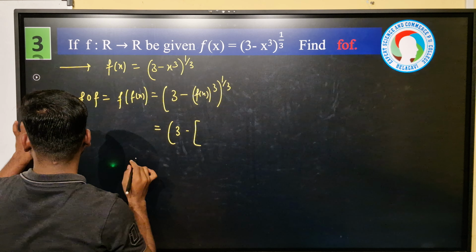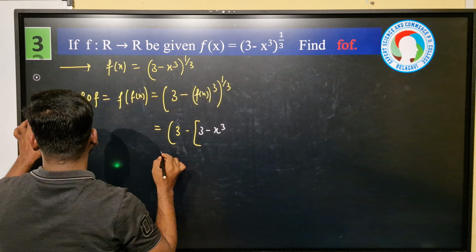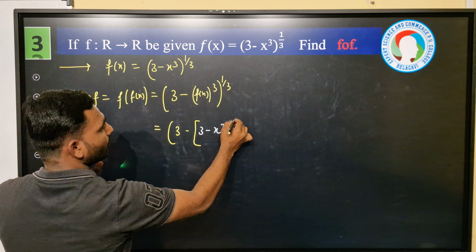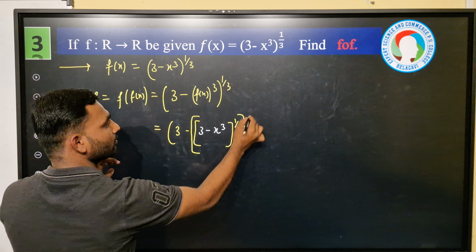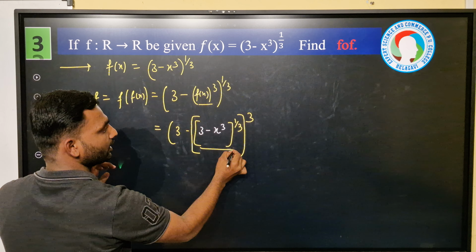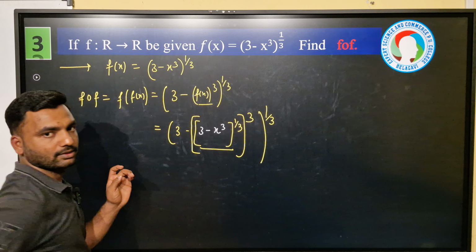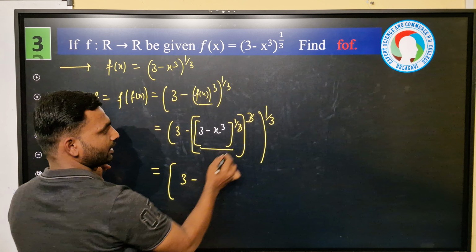So just substitute the f of x value, 3 minus x cube, then whole bracket and there 1 by 3, and this cube. This is the f of x value only and this cube as it is, and whole raised to 1 by 3. Clear? So here it is 3 minus, this cancels.